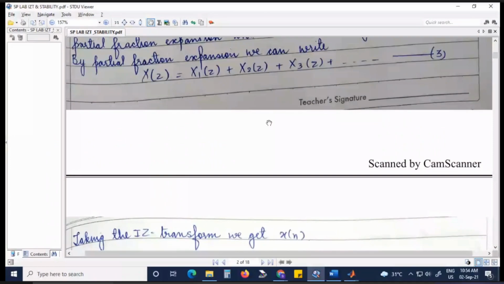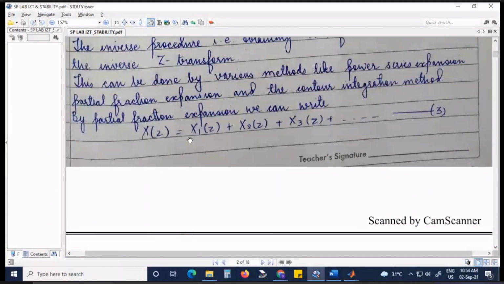So that should be in some elementary form, so that you can compare that with some known formula. The known formula is what? 1 by 1 minus a z inverse.